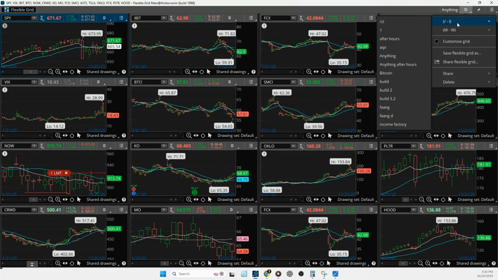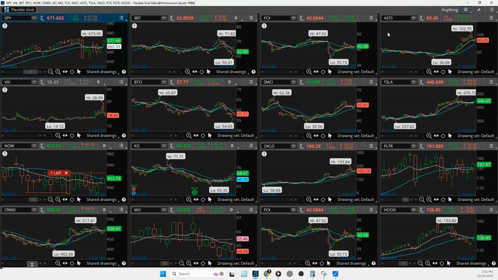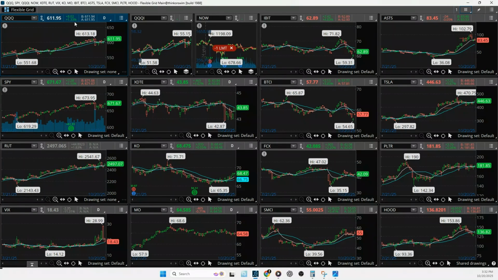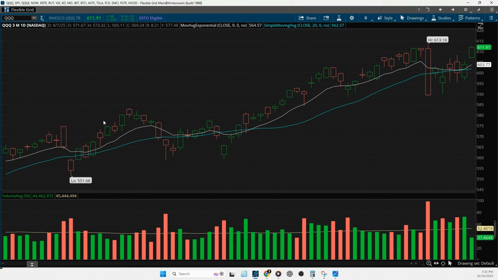Let's change this over so we can also check out the Qs. Same thing, an ETF ticker of an index. This is the Qs. We see the volume is up, but the volume is not hitting average volume.